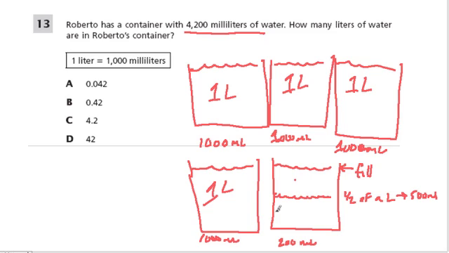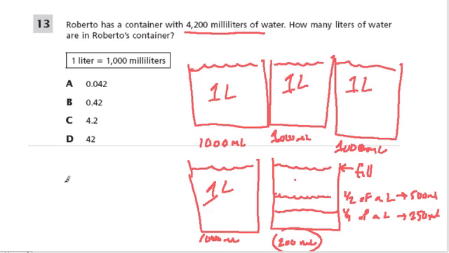Well, the 200 is a little bit less than 1/4, because 1/4 is right here of a liter. That would be 250 milliliters. So if we think of this in terms of tenths, this is 0.5, this is 0.25, this is going to be 0.2. So 200 milliliters equals 0.2 of a liter.